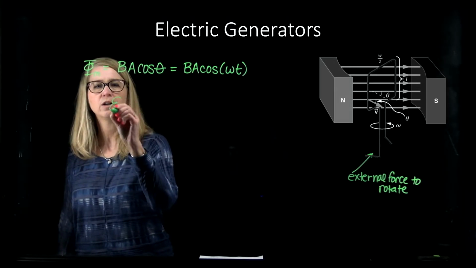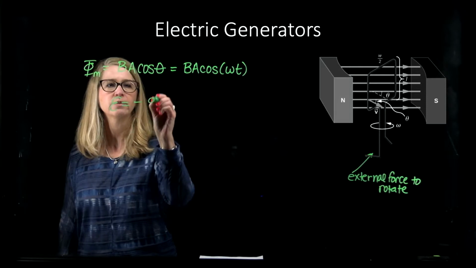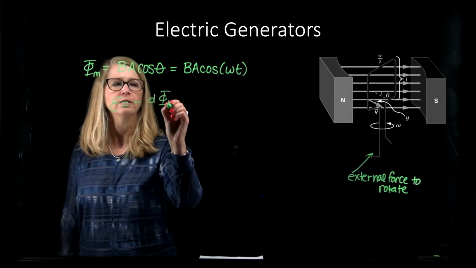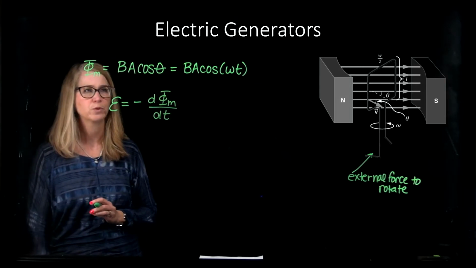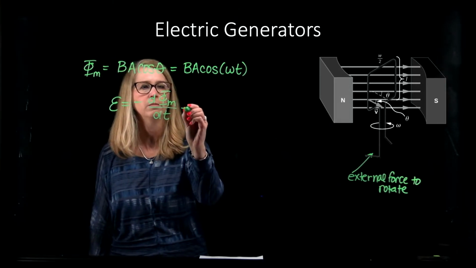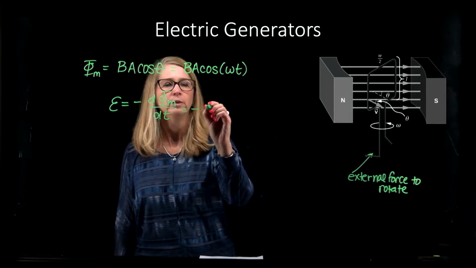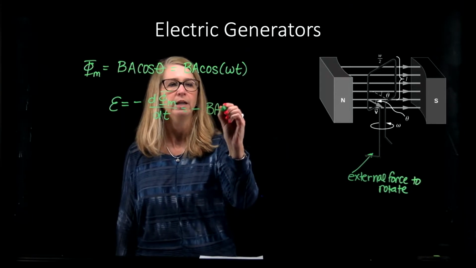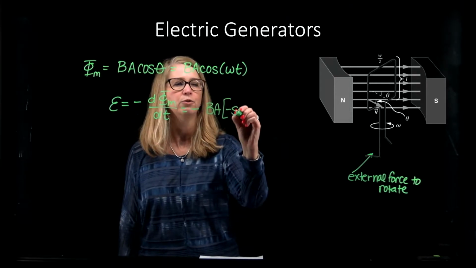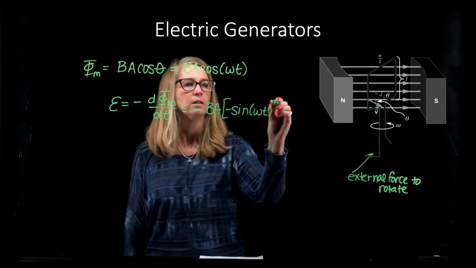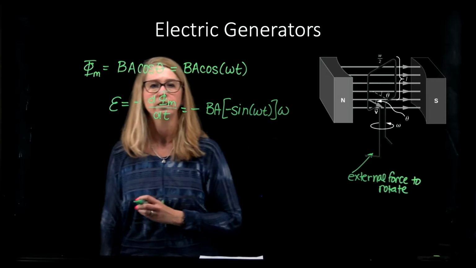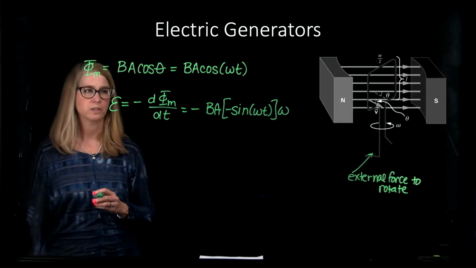Now, Faraday's law says that the EMF is minus the change in that magnetic flux over time. And so what would we get? We get minus, and then we get B times A, and then the derivative of cosine is minus sine. And then we have to take the derivative of the angle with respect to time.